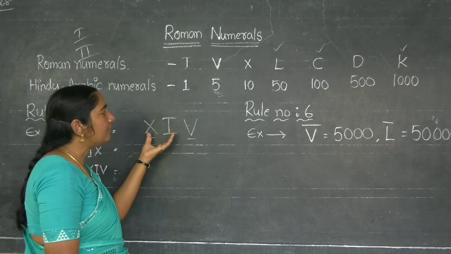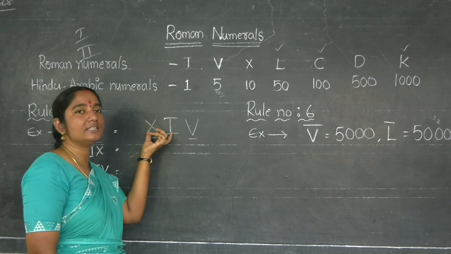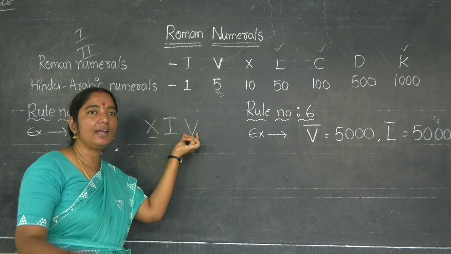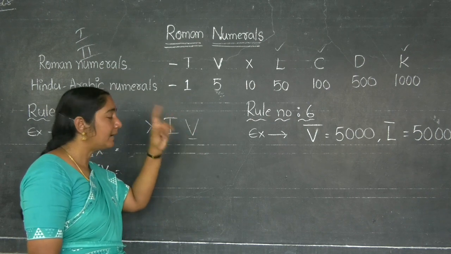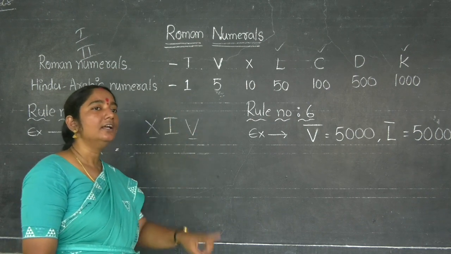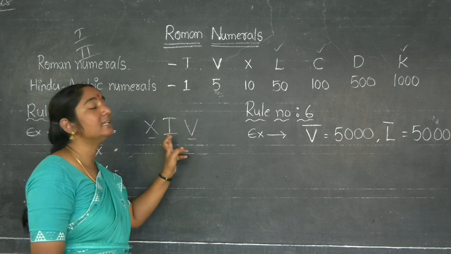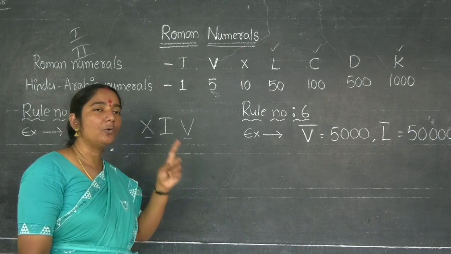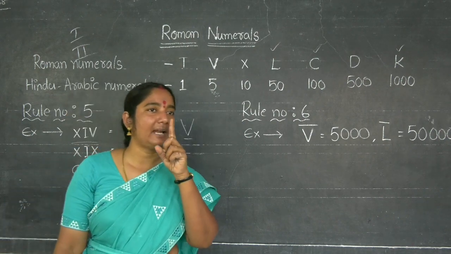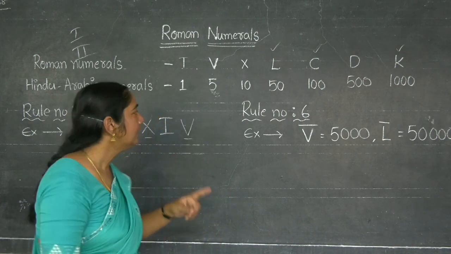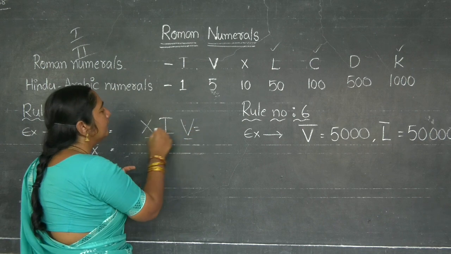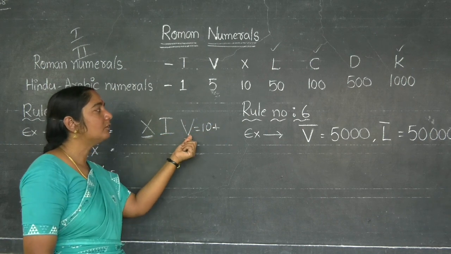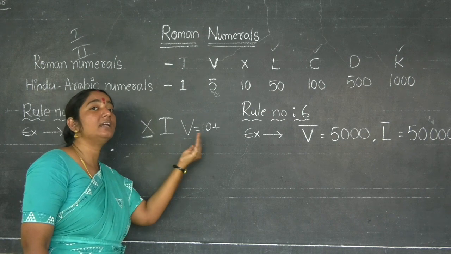Yes, there is every chance here. 10 plus 1 is 11, 11 plus 5 is 16. You can have a number like that. But the rule says that when any smaller number is in between, you should not go for addition, but only for subtraction. Means you have to consider it as 10 plus a smaller number came. So this is related to the left side.